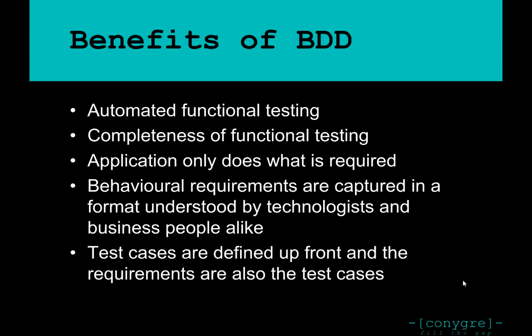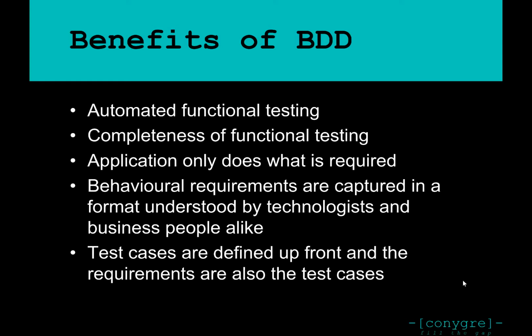So your entire functional requirements, and potentially even non-functional requirements, can be captured and the tests automated using behaviour-driven development. And the behavioural requirements are captured in a format understood by technologists and business people alike. So all stakeholders can read and understand these documents that you create, called feature files.